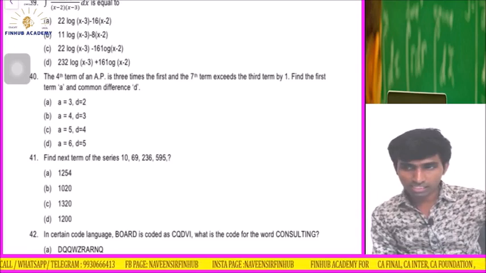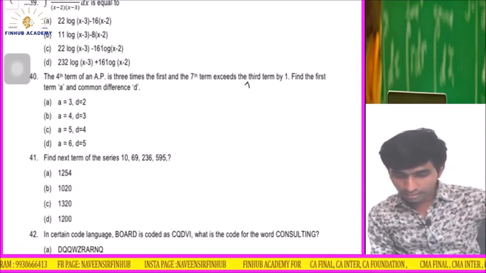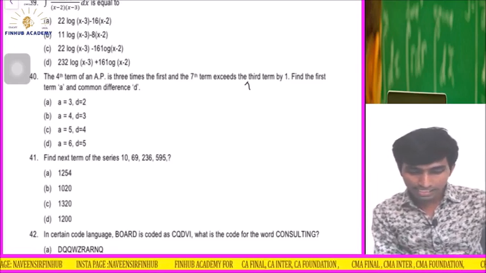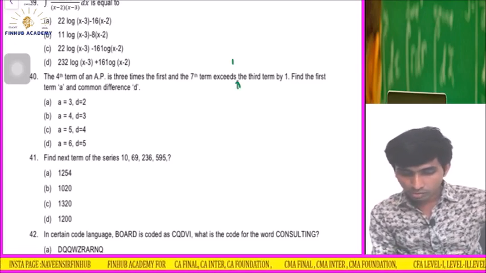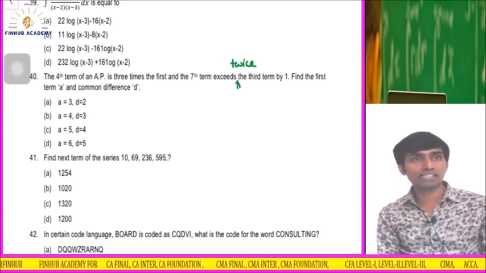Here it should be exceeds twice the third term by 1, here it means twice the third term, I think this is the mistake, then only you will be able to get the answer if you correct this.